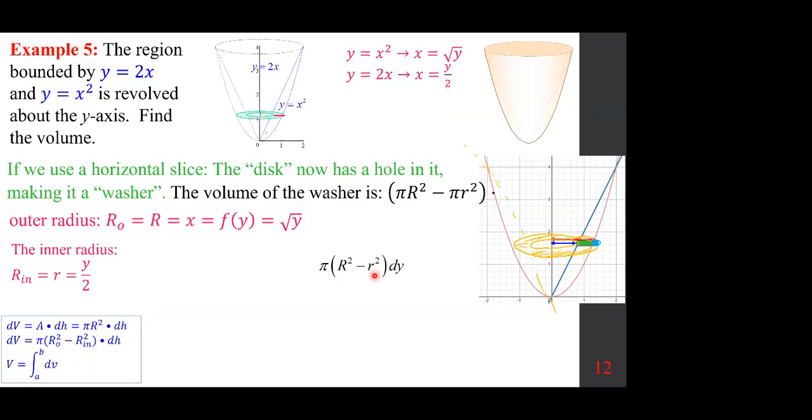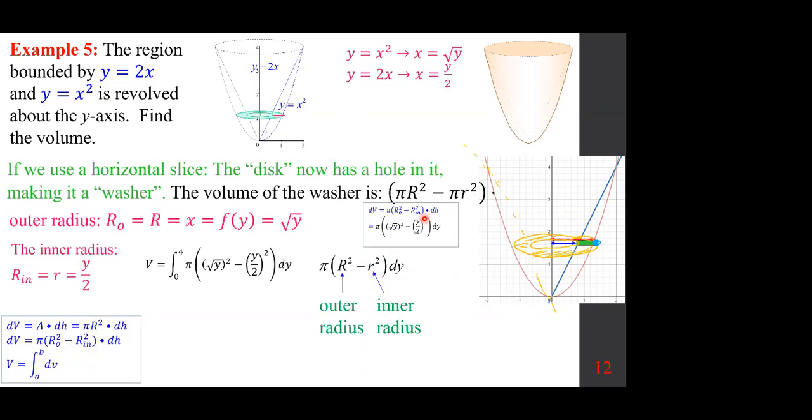Outer, inner, thickness, but I'd rather go with my own method, R out and R in. I'm showing you both at the same time. I would stick with R out and R in. To me, it's a lot easier, class. And so we are going to evaluate this from 0 to 4 because of the points of intersection.